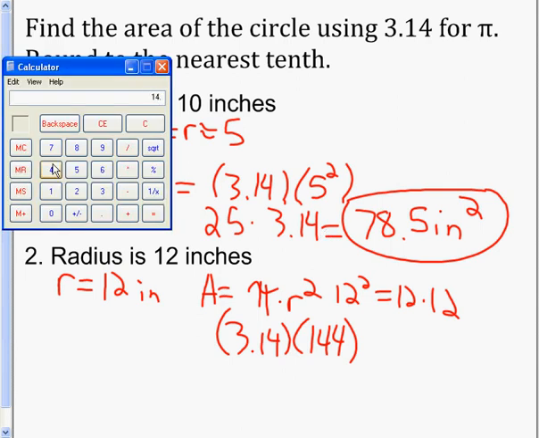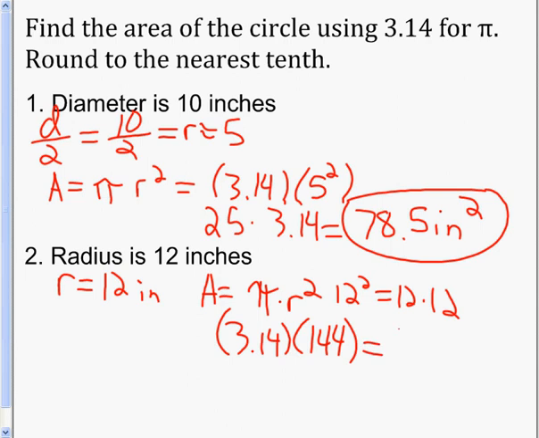Again, using estimating to your advantage, I get 448.416. So rounding to the nearest tenth, we're going to round down to 448.4 inches squared.